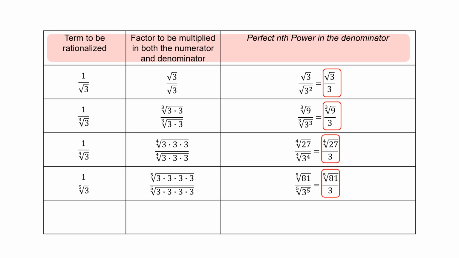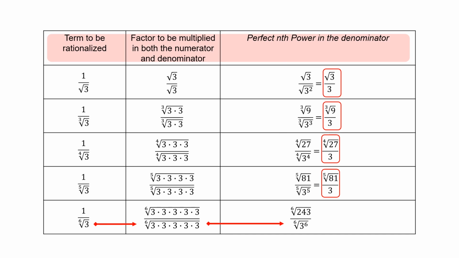Isa pang example. We have 1 over the 6th root of 3. Tulad ng ginawa natin kanina, i-multiply lang. Sa numerator, 1 times the 6th root of 3 times 3 times 3 times 3 times 3, which is equal to the 6th root of 243.